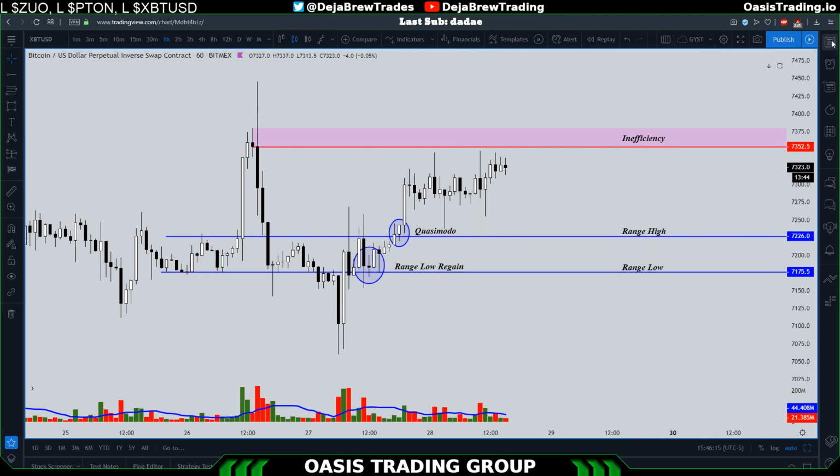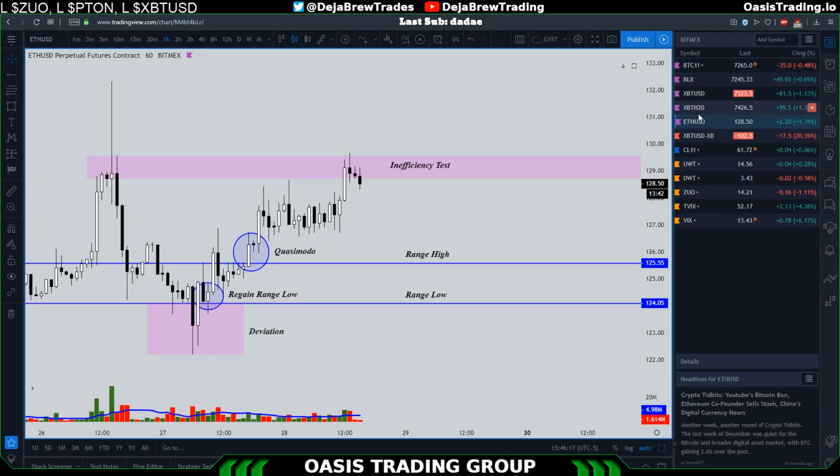I want to see if this tests its inefficiency, because Ethereum did. Ethereum gave you a perfect short signal here. I want to see if Bitcoin will do the same.